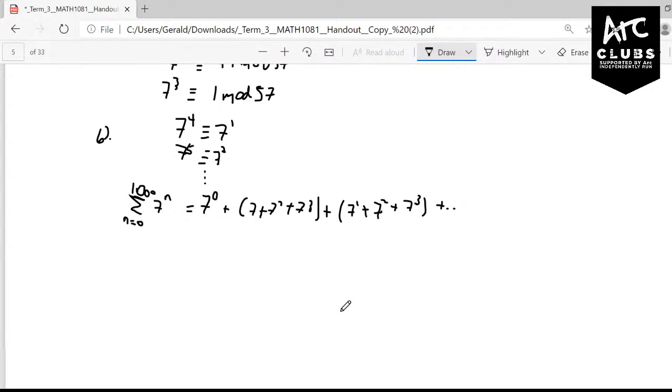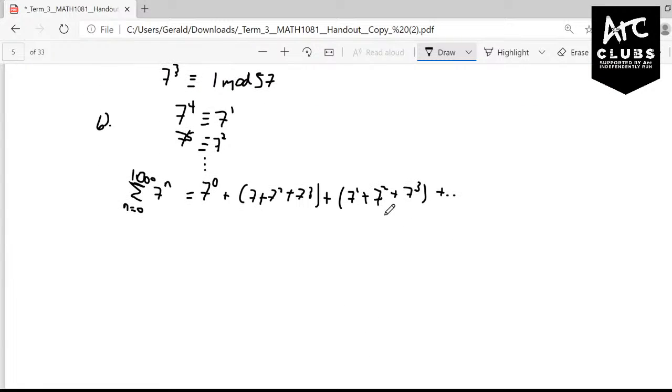So now we just need to figure out how many of these terms we have. So we have up to 1,000 terms. If we discard the 7 to the power of 0, then we have 1,000 of these terms. So in order to figure out what the very last term reduces down to, we take 1,000 divided by 3, because the cycle is a cycle of 3s.